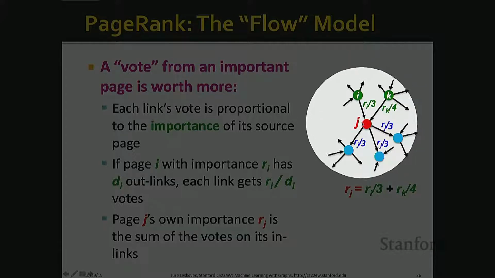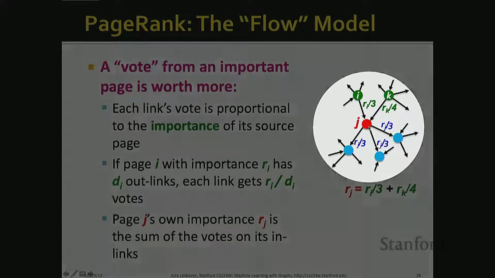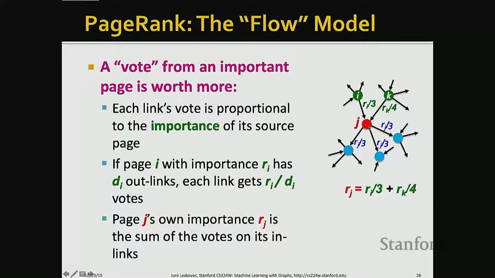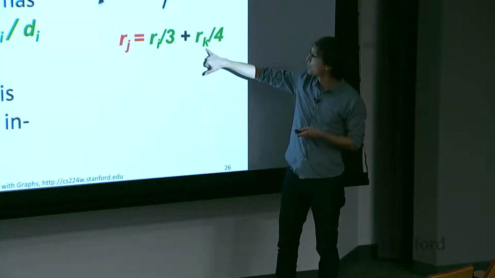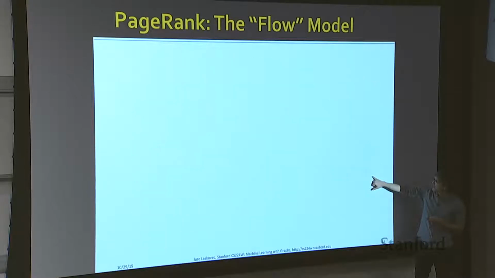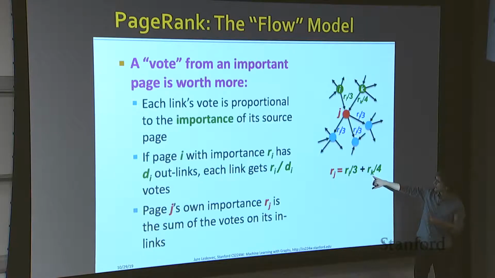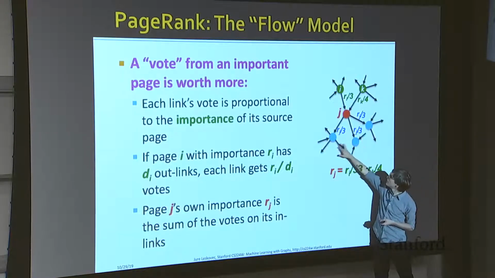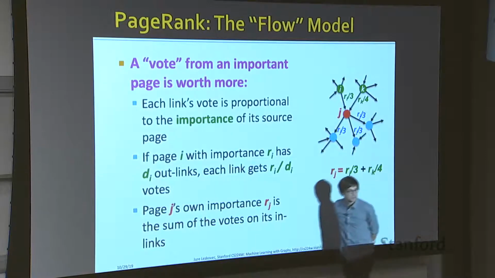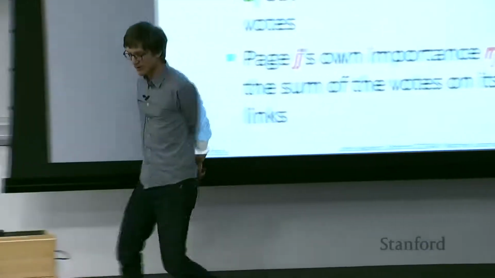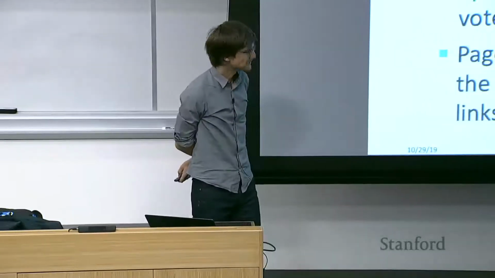And then it will take its own importance and split it 3 ways to each of the 3 blue outgoing neighbors, right? So the importance of j is 1/3 of the importance of i plus 1/4 of the importance of k, and then similarly, these guys will each get 1/3 of j's importance. Okay, and this is how this will work.